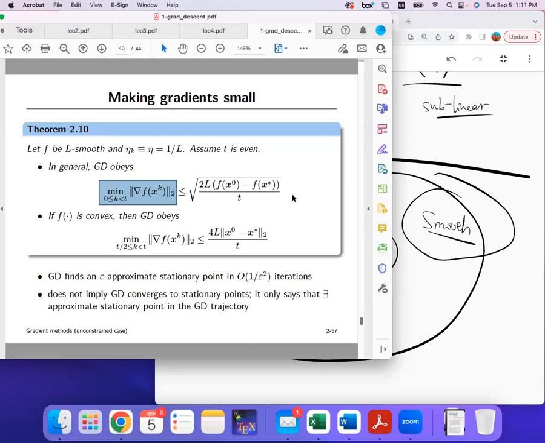If you look at the right-hand side, square root of 1 over t, this is a constant. If f is convex, then we have an improved result. But here I will just talk about the first result, because it is about smooth and general non-convex problems.